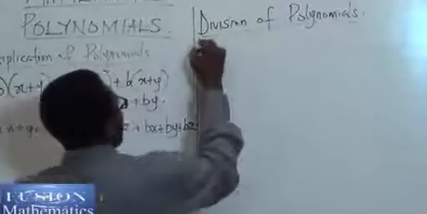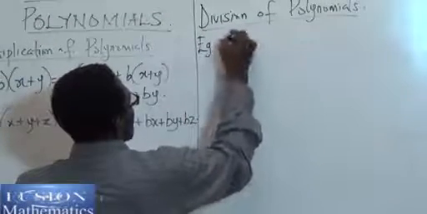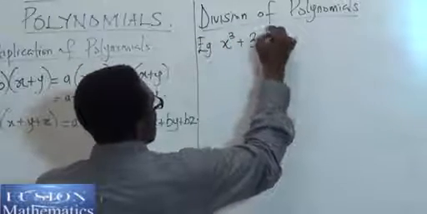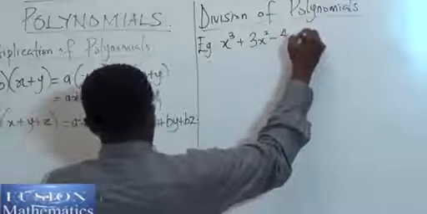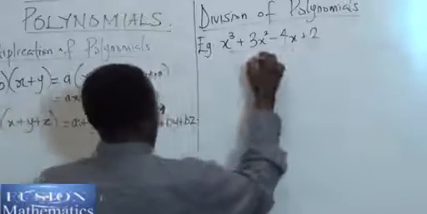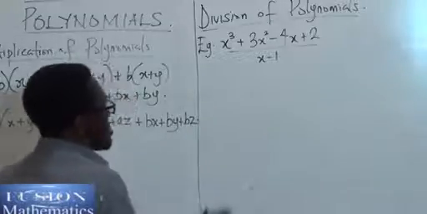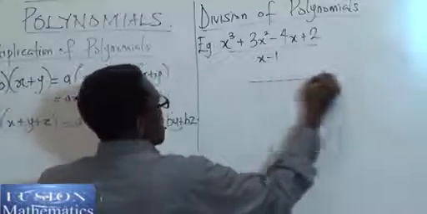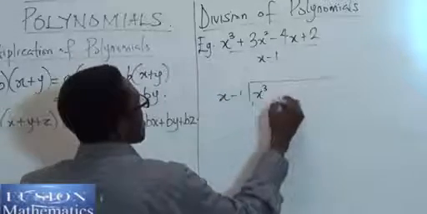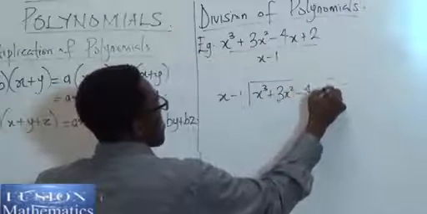If we have, for example, x cubed plus 3x squared minus 4x plus 2 divided by x minus 1. If we want to divide this, we use long division. X minus 1 on this side, and on this side, x cubed plus 3x squared minus 4x plus 2.